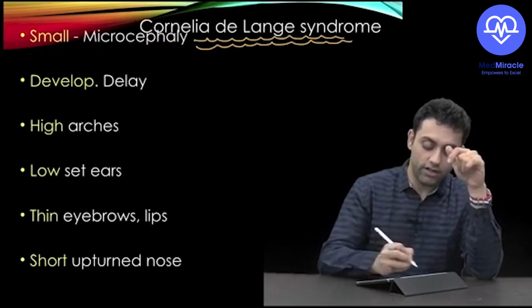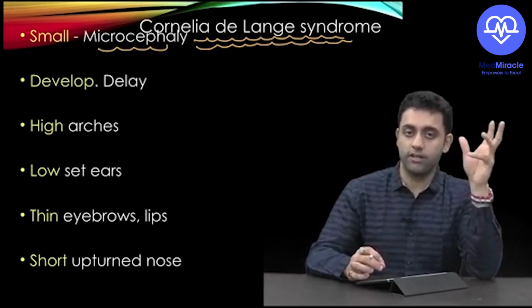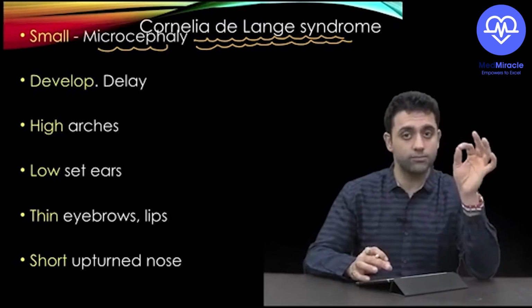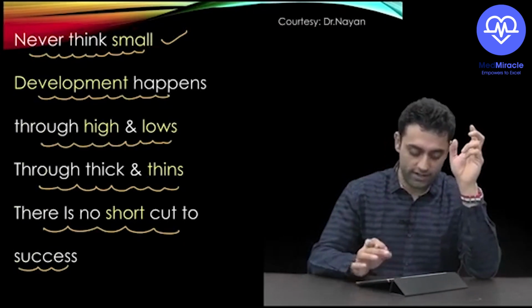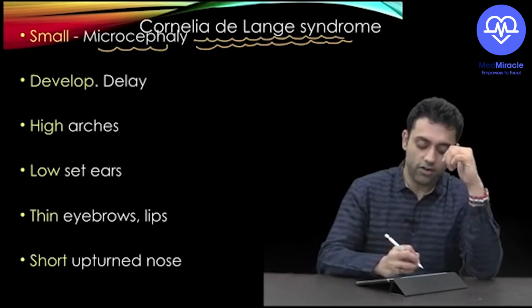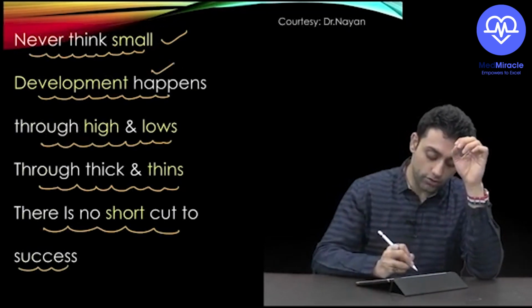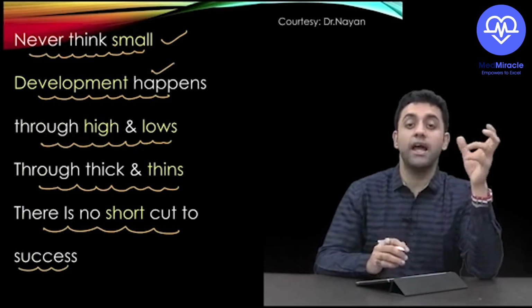Nothing but in Cornelia de Lange syndrome, you see microcephaly. Point number one. Just have a remembrance like that. So never think small. Nothing but small means microcephaly. And most importantly, development happens in all of us. But here in Cornelia de Lange, there is a developmental delay. Next, development happens through highs and lows.